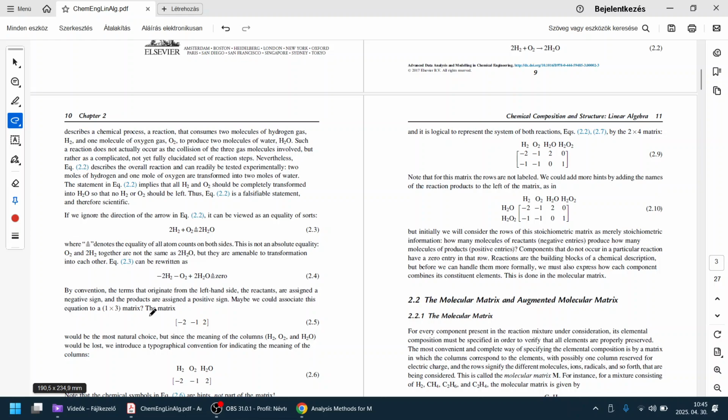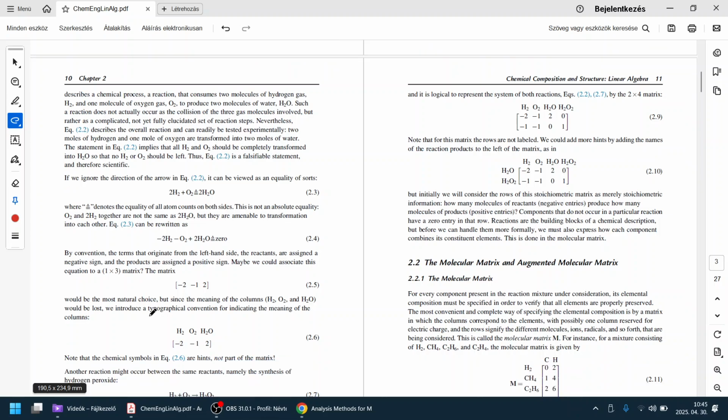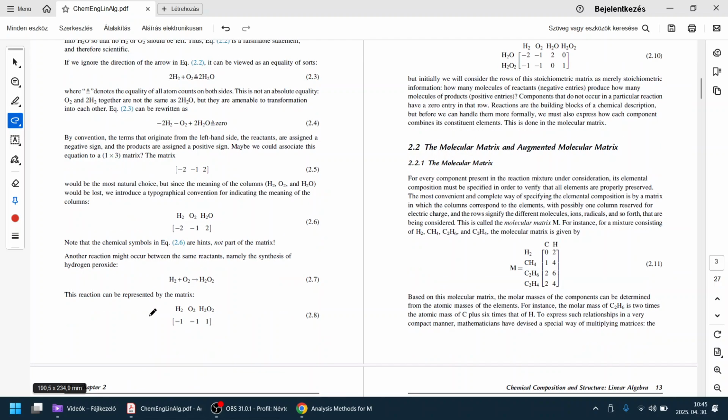With numbers, we will have -2, -1, 2. However, we have no clue what these amounts are, so we write the formulas about them: hydrogen, oxygen, water. Great.